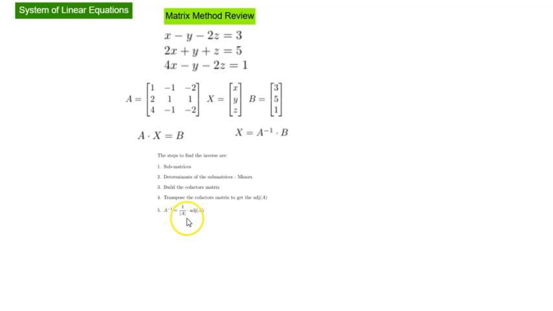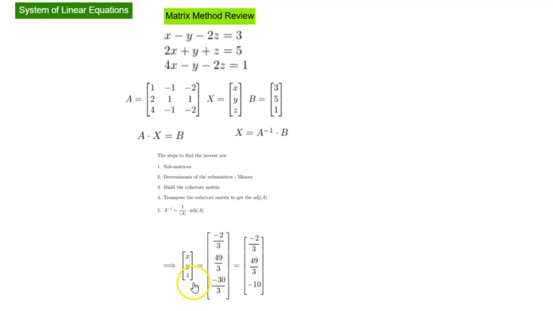That is 1 by determinant of A times the adjoint of A. And finally, we had the solution. X, Y, Z is equal to minus 2 by 3, 49 by 3, and minus 10.